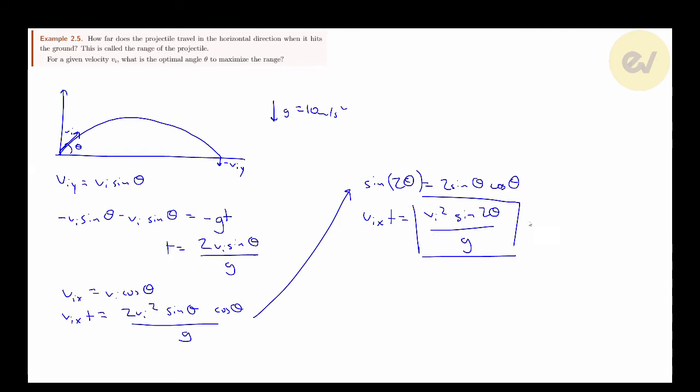And indeed, when theta equals 45 degrees, sine of 2 theta equals 1, which means that, I'll just say x for displacement, equals v_i squared over g. So when you launch this projectile at an angle of 45 degrees, the projectile will land this amount away, and this is the maximum possible range we can throw it with.